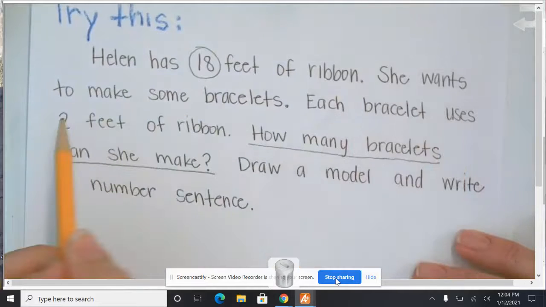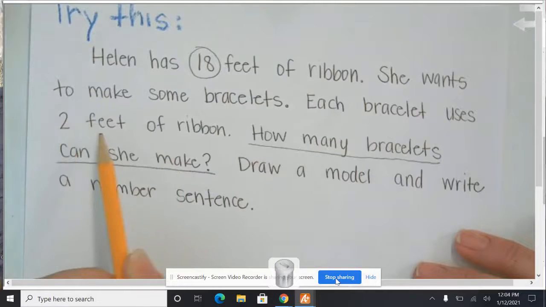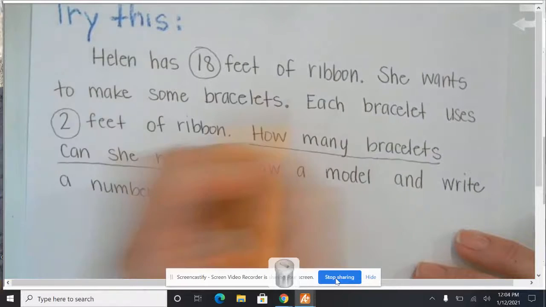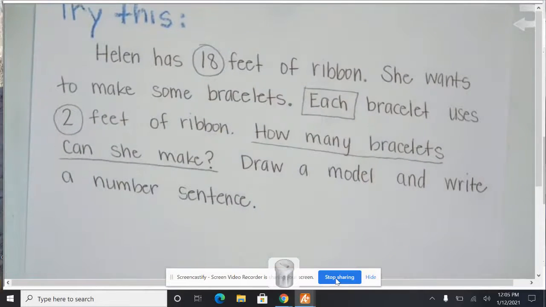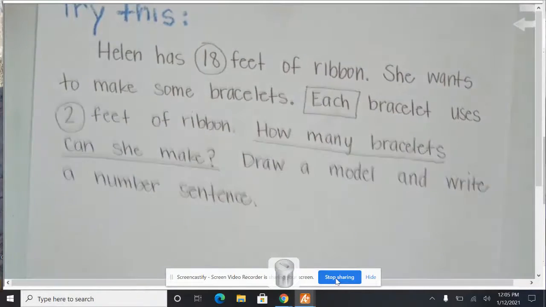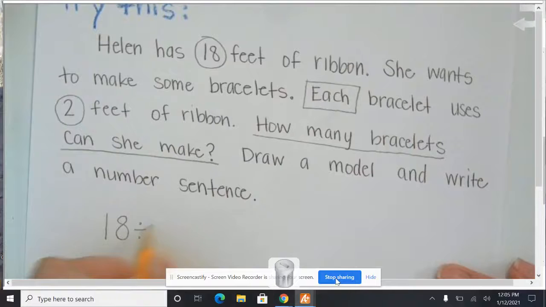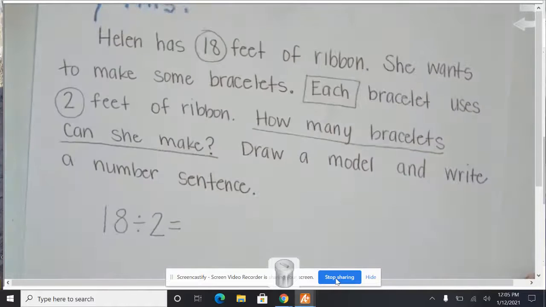And I know that she uses 2 feet of ribbon for each bracelet. So I know that my total amount is 18 feet, and she uses 2 feet for each bracelet. So I need to find out what the quotient is.